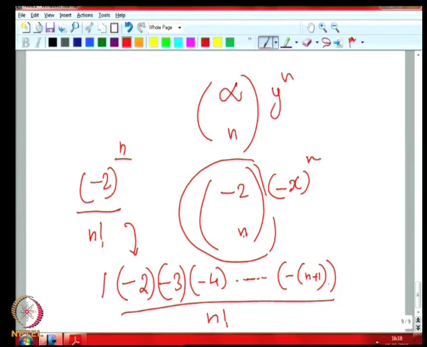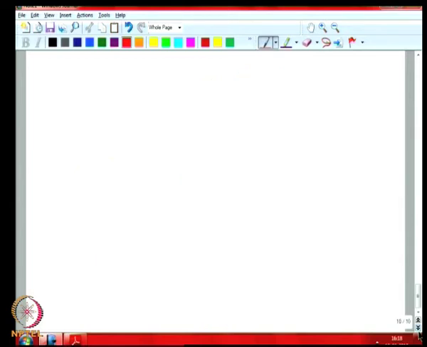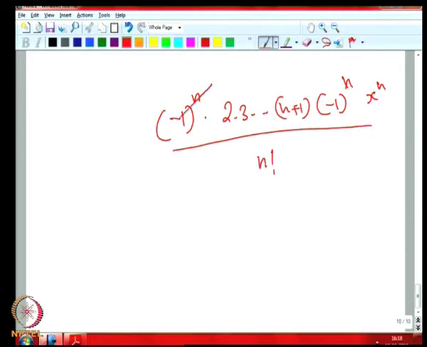What will happen to this will be minus 1 raised to n and x raised to n, and there are minus 2, minus 3, minus 4 up to minus n plus 1. That means we have this as minus 1 raised to n into 2 into 3 into up to n plus 1, into another minus 1 raised to n here, and then x raised to n here, divided by n factorial. So this and this together will form a minus 1 raised to 2n as usual, and 2n being an even number, that is just 1, that goes away.